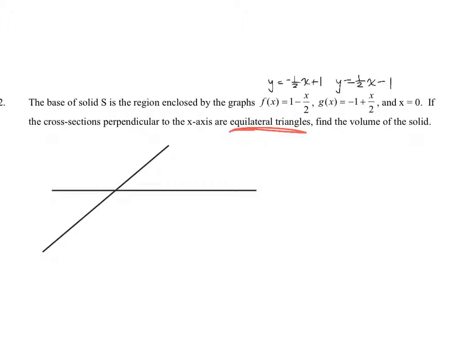So for the first graph, we have a y-intercept of 1 and a slope of negative 1/2. I don't know specifically just by looking at it where that's going to end up, but at least I can plot the y equals 1.